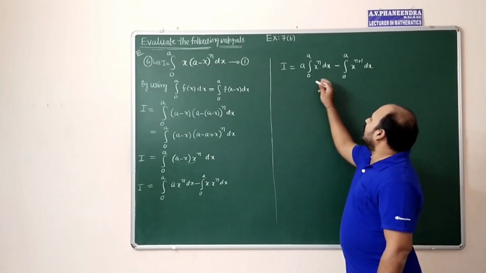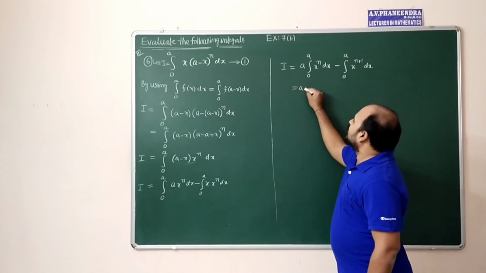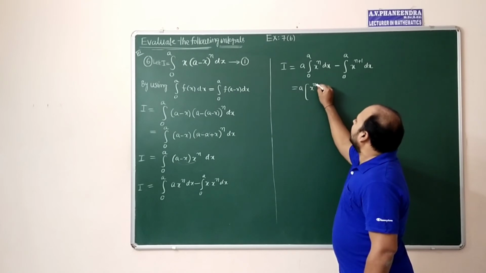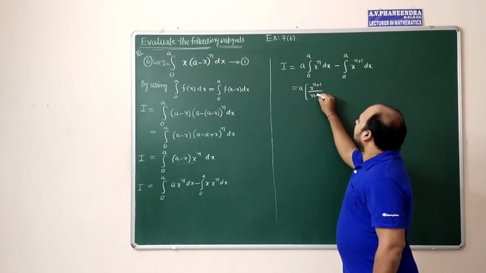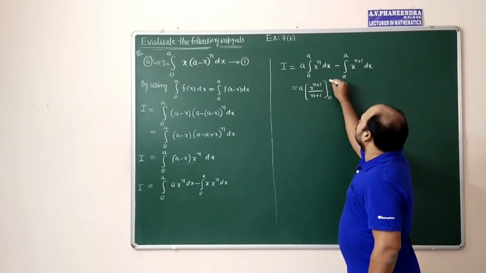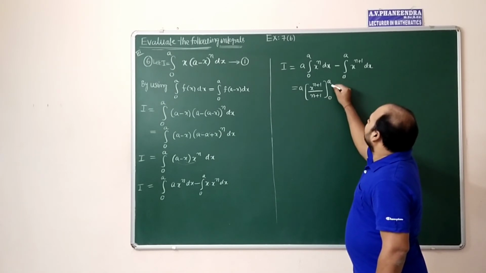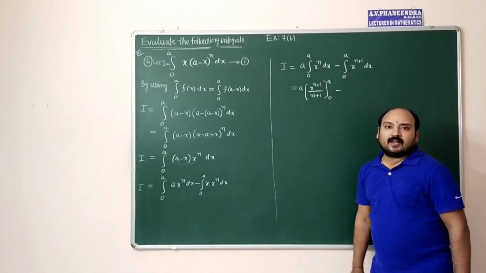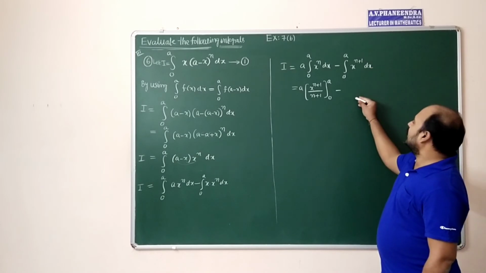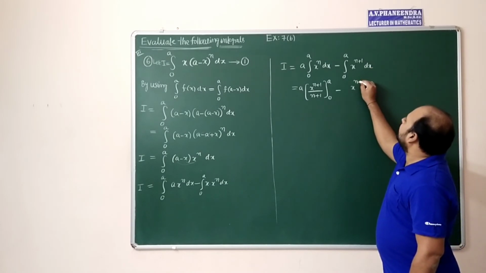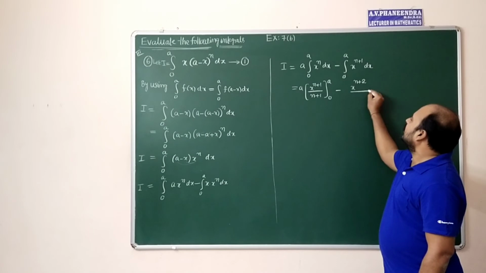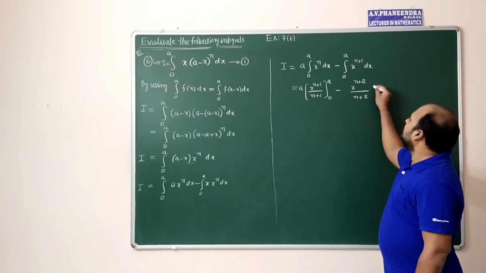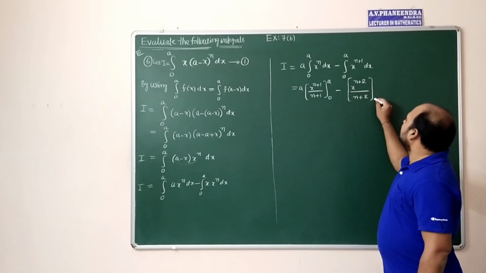Now apply the formula integral x power n dx is x power n plus 1 by n plus 1, applying the limits 0 to a, minus integral 0 to a x power n plus 1 is x power n plus 2 divided by n plus 2, applying the limits 0 to a.